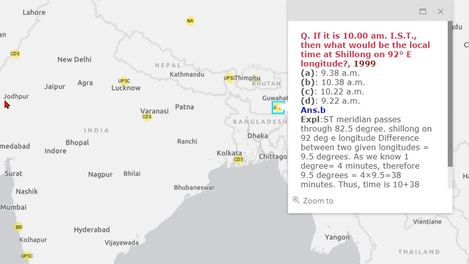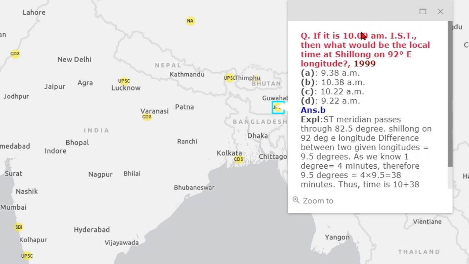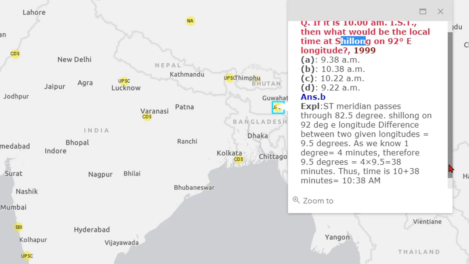So the answer is 10:38 a.m. If it is 10 a.m. at IST, what would be the time at Shillong? You have added an extra 38 minutes, so the time will be 10:38.